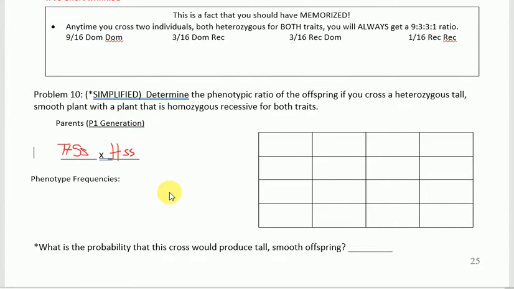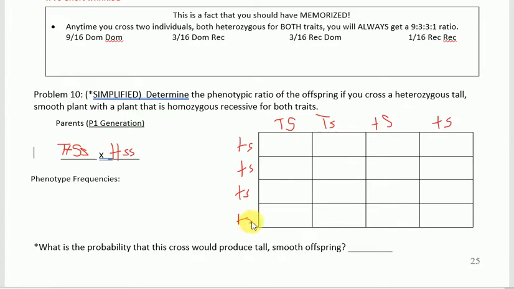So if you do the cross, over here you should end up with big T big S, big T little s, little t big S, and little t little s. And down here, you should end up with little t little s, little t little s, little t little s, little t little s, right?